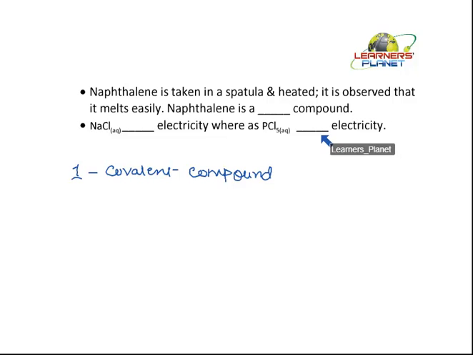Now in such type of questions you need to analyze the type of compound present, whether it's ionic or covalent. So NaCl is an ionic compound. So what will it do? It will conduct electricity.